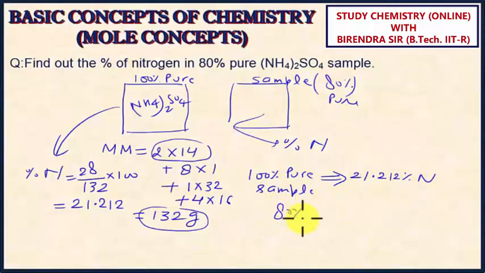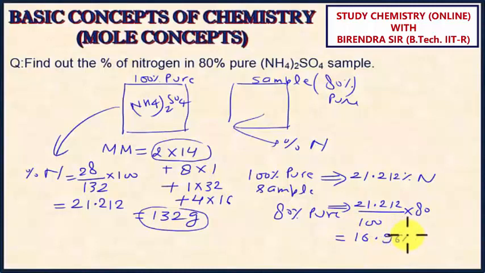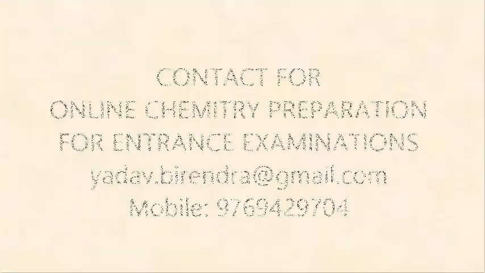So 80% pure sample will imply how much? 21.212 upon 100 into 80, and if you solve, the value comes as 16.96% nitrogen. So 16.96% nitrogen will be there in 80% pure ammonium sulfate.